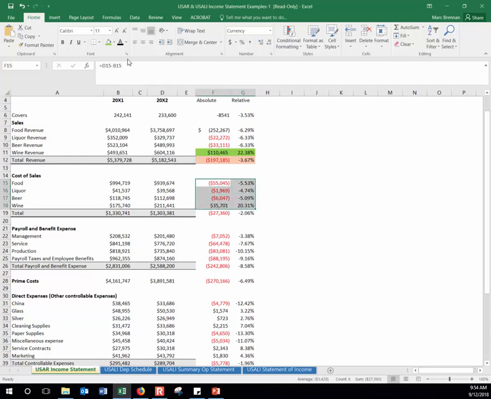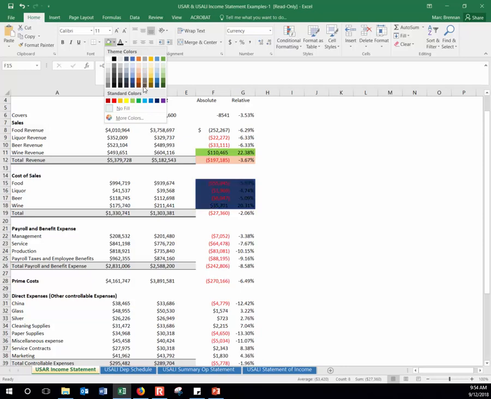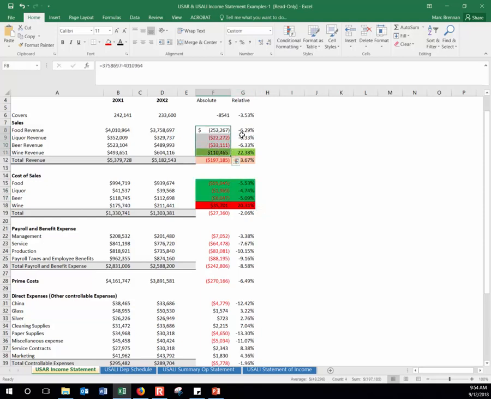So everything here is good. And you're thinking to yourself, well, why is a negative number good? Oh, except for here, sorry, that would be red. This is good, because we have reduced our costs. Reducing expenses is a good thing. Always remember that. Reducing revenue, you don't want to reduce revenue.